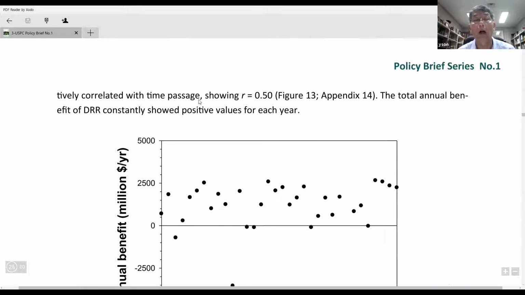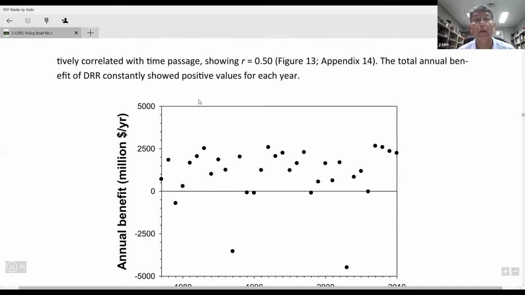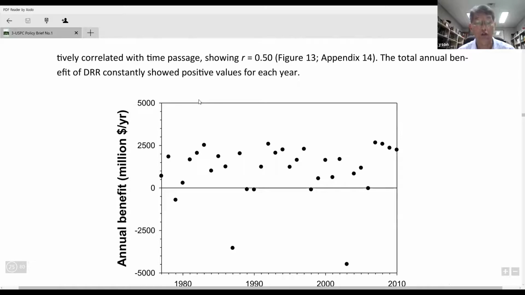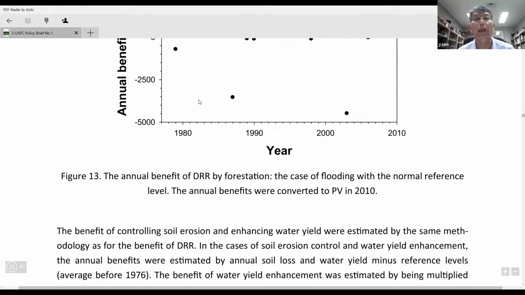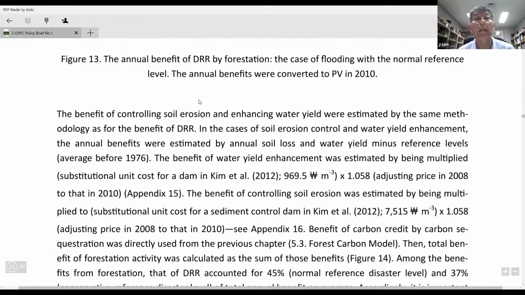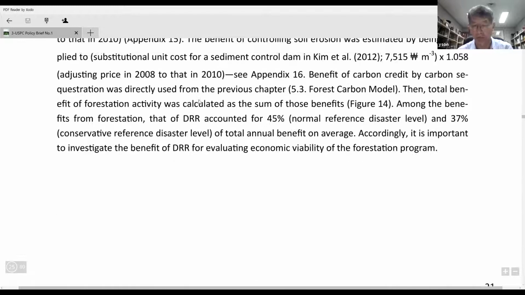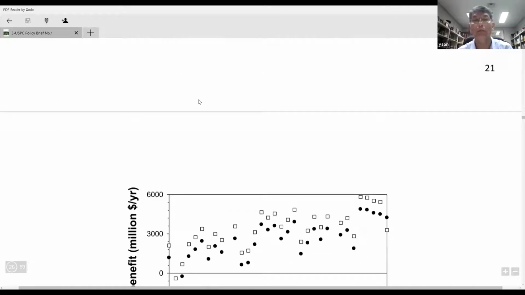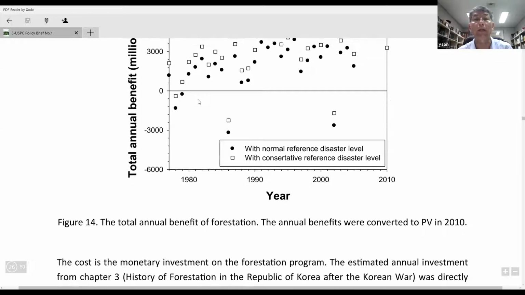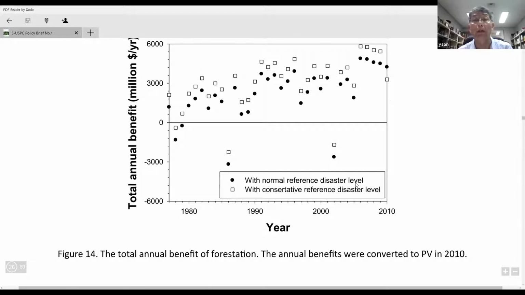Depending on reference levels, the BC ratio changes, okay? These are the reference levels, normal reference level and conservative reference level.